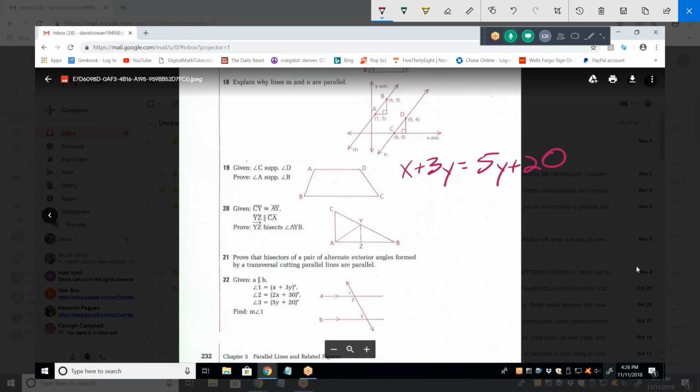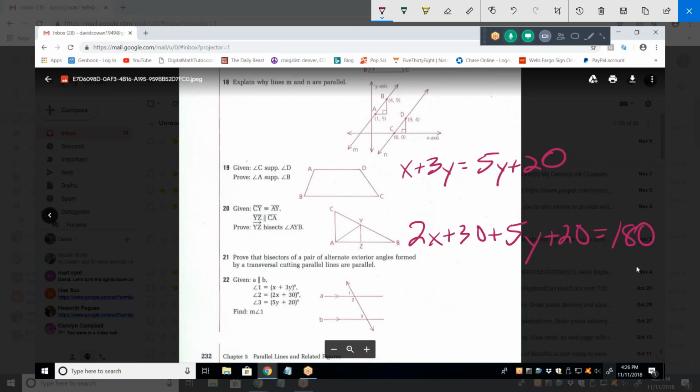No, because I have two variables and only one equation. But I got another equation I can write: 2x plus 30 plus 5y plus 20 equals 180. I simplify both equations.